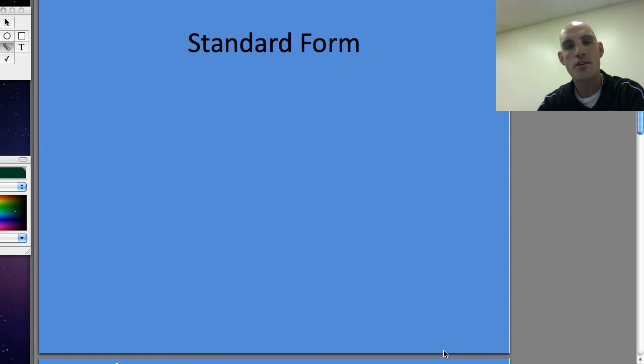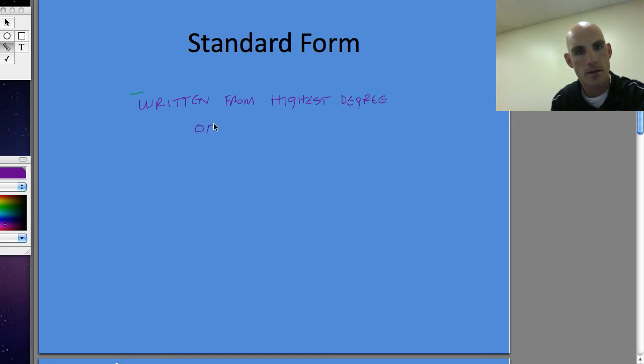Standard form. Standard form helps us see what we've actually got in terms of the expression itself. Standard form is written from highest degree of exponent to lowest.